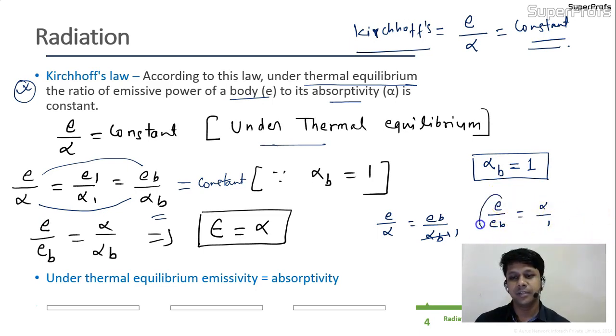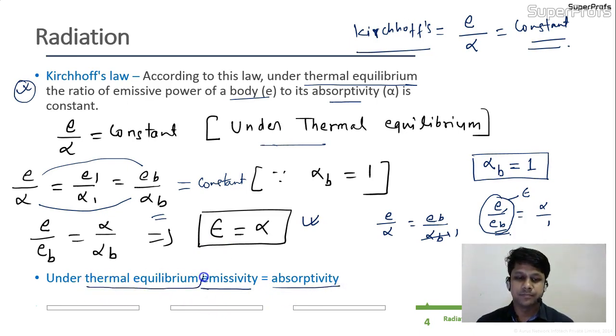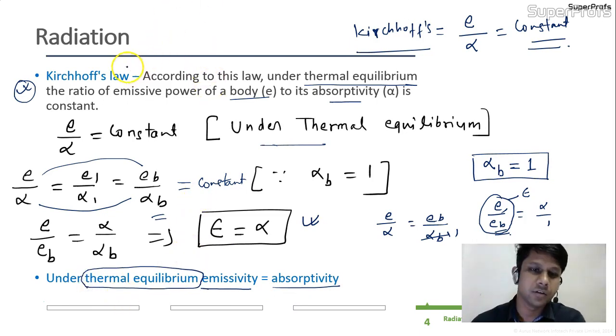Now what is this E by EB? This is the emissivity. We defined emissivity as the ratio of the emissive power of a body to the emissive power of a black body. So from Kirchhoff's law we get this equation: emissivity is equal to absorptivity under thermal equilibrium. This is also a very important law, Kirchhoff's law, and according to this emissivity is equal to alpha.